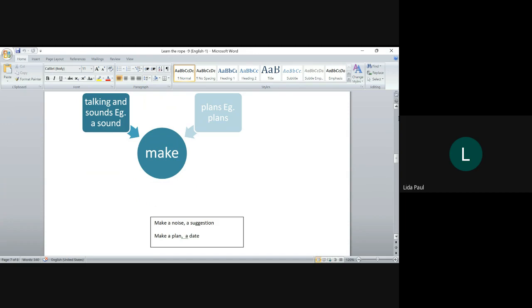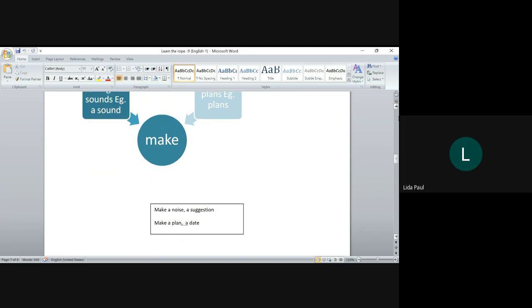Expressions, nominal, that is noun expressions related to talking and sounds and plans. We'll take the delexicalized verb make. So look at the examples you have here. Make a sound. Make plans. More examples in the box down there. Make a noise, make a suggestion, make a plan, make a date.